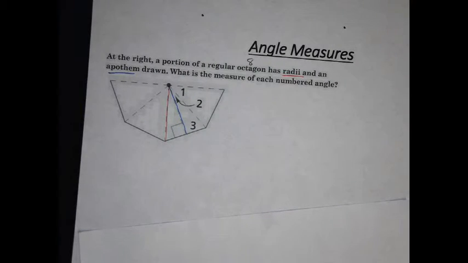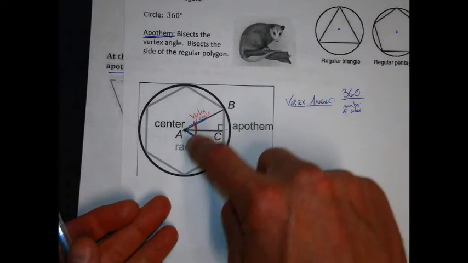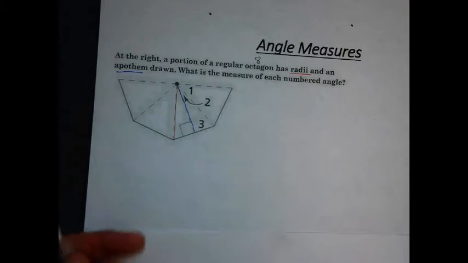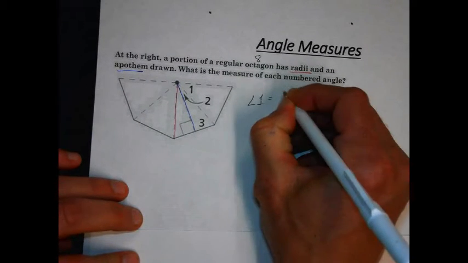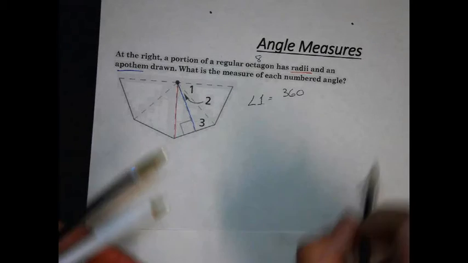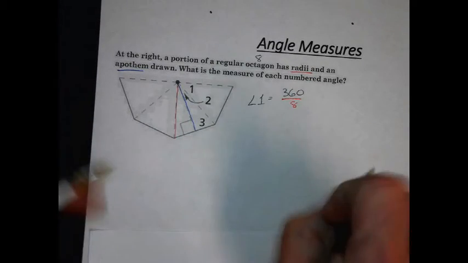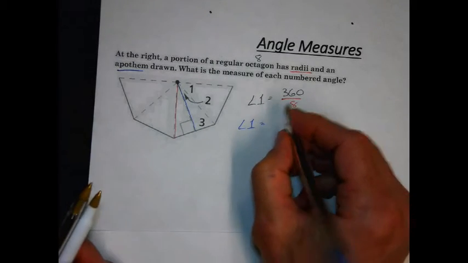So remember, angle 1 is our vertex angle. The vertex angle is 360 divided by the total number of sides. So in this case, angle 1 is going to be 360 divided by 8. So our measure of angle 1 is going to be 45 degrees when we use our calculator.